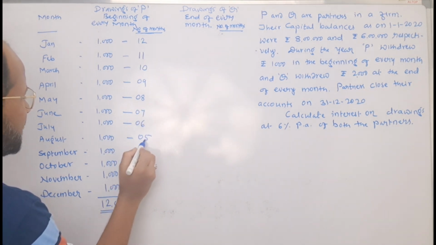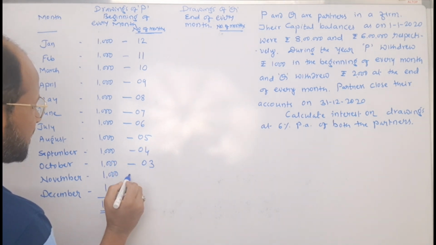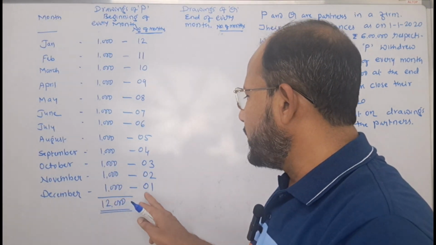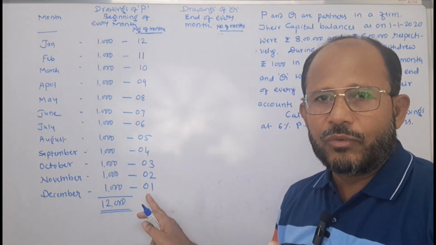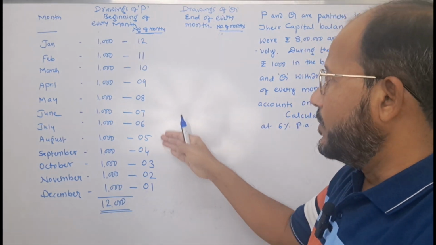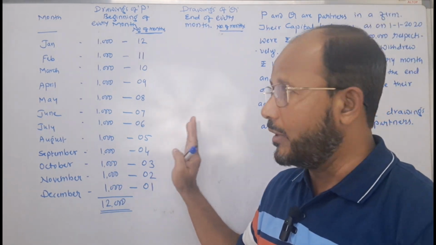Next one is 5 months, 4 months, 3 months, 2, and last one is 1 month. But in the month of December, interest at 6% is to be calculated only for 1 month. Like this, these months indicate the period for which interest is to be calculated.